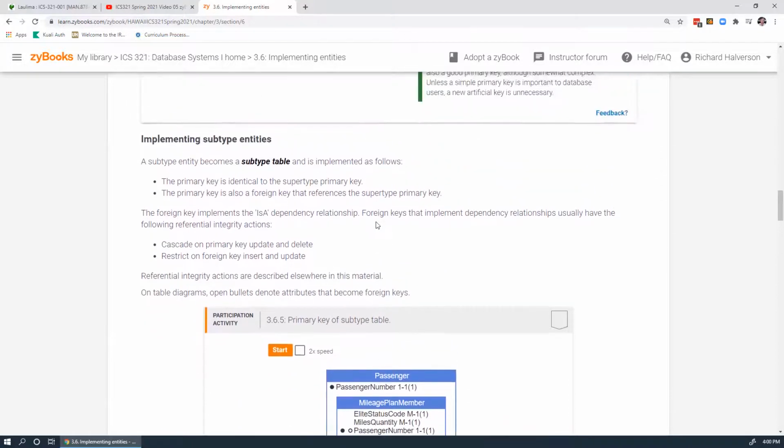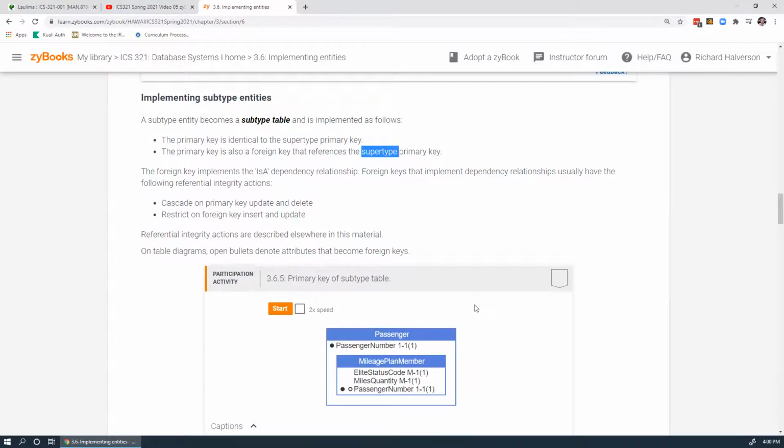Implementing subtype entities, there you usually have some sort of composite primary key. Subtype entity becomes a subtype table. The primary key is identical to the supertype primary key, and the primary key is also a foreign key that refers to the supertype primary key.